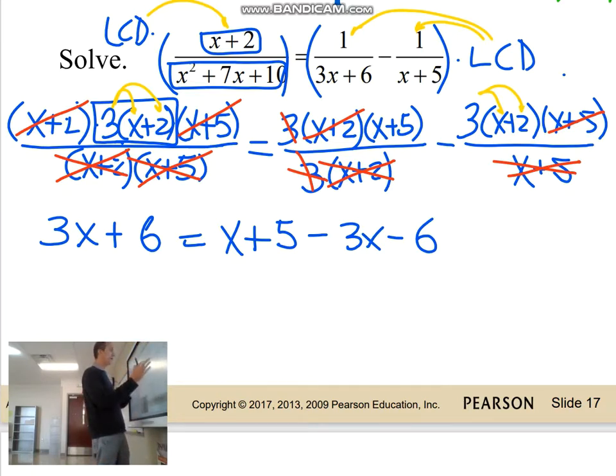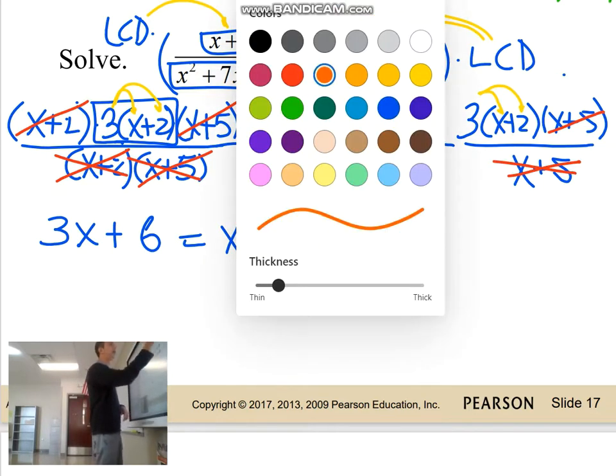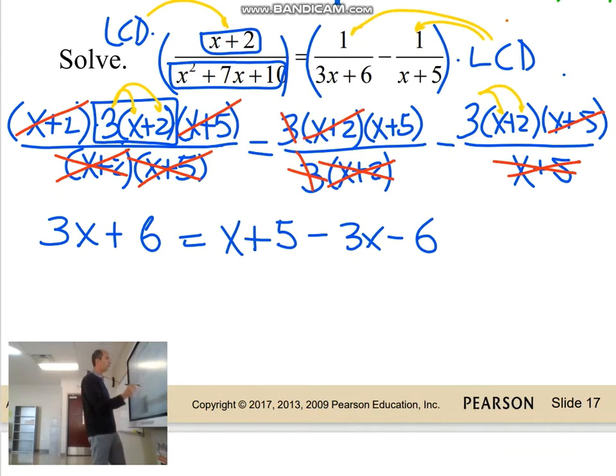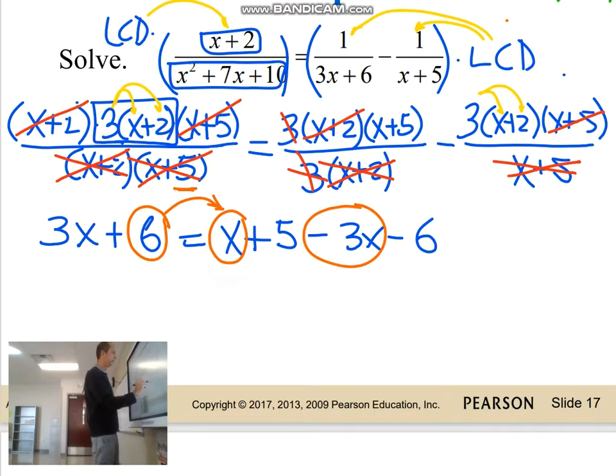equation now becomes a simpler one with no denominators, no fractions, and we can solve using addition property of equality, multiplication property of equality. We can move this to the other side with a negative sign, and we can move this and this to the left hand side.